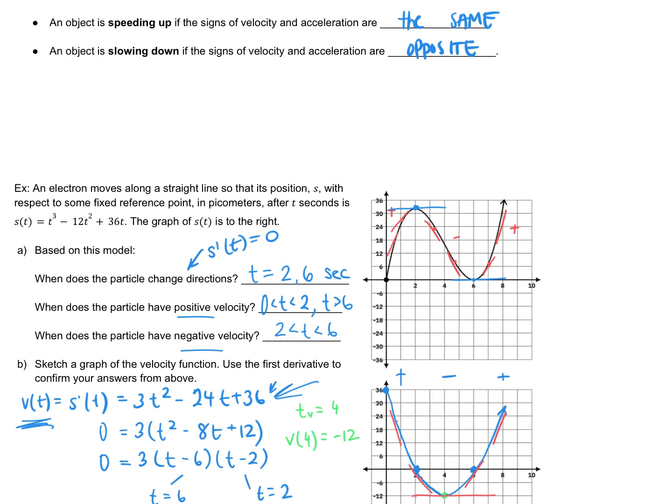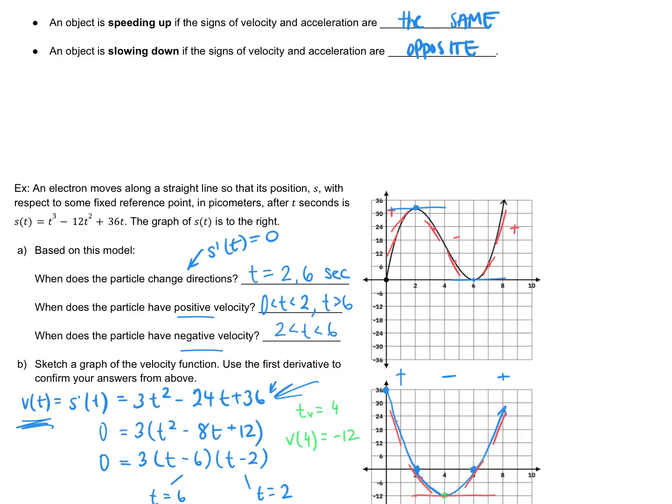So just looking at the graph here, it looks like the function is speeding up a little bit, then it starts to slow down, then it starts to speed up to here maybe, then it starts to slow down again when it's about to change direction. Then it speeds up, and I feel like it's going to speed up forever.